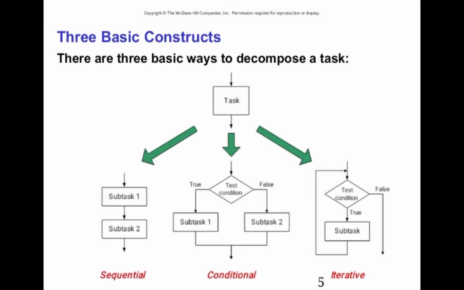There are three main programming constructs, that is sequential, conditional, and iterative. These three constructs are extremely important. They can help you control the flow of your program, allowing you to specify how or when parts of your code are executed.